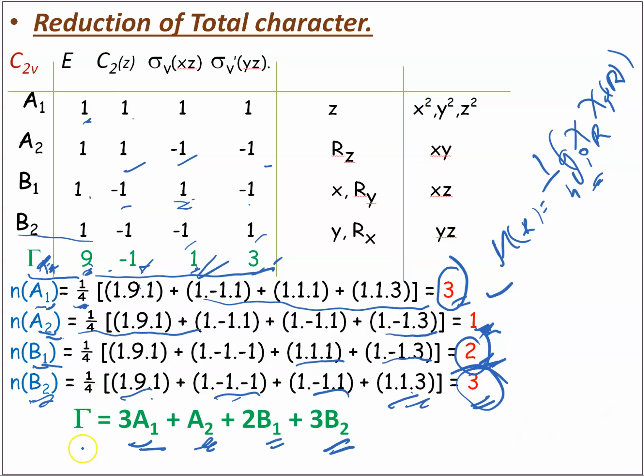So this total representation can be reduced into irreducible representations, that is 3A1 plus A2 plus 2B1 plus 3B2. So these are the 9 degrees of freedom: 3 plus 1, 4 plus 2, 6 plus 3, 9. From this total representation we get all 9 degrees of freedom, and that will be the basis for the irreducible representation.